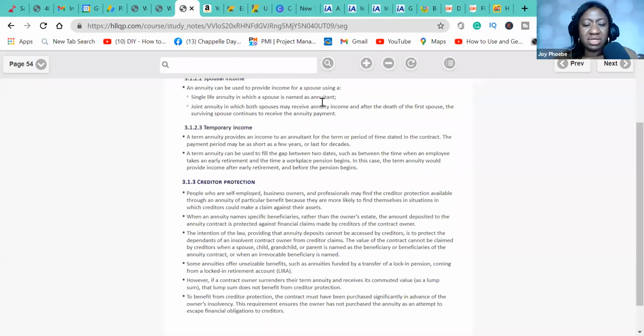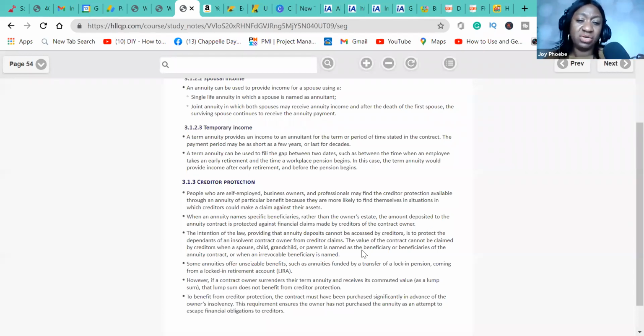But you can take that severance and buy a term annuity for 10 years. It means that you'll be receiving a steady income for the next 10 years before your retirement age. So that's one of the ways that we can use annuity to create a temporary income.